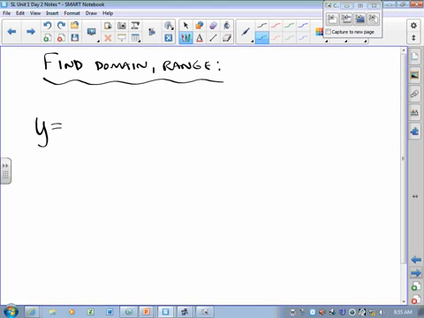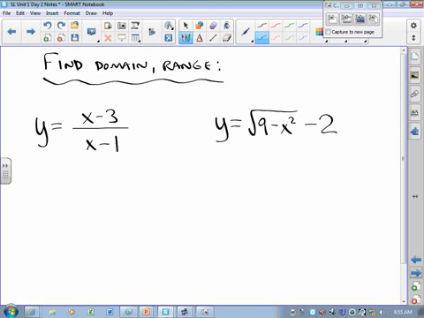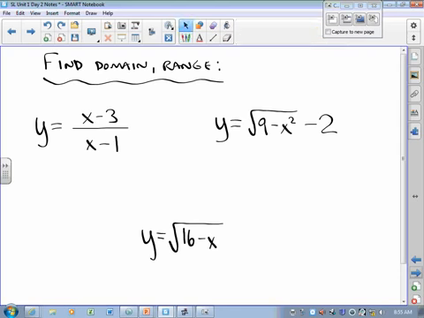Y equals x minus 3 over x minus 1, because that's going to be a nasty picture. Y equals radical 9 minus x squared minus 2, and y equals radical 16 minus x.